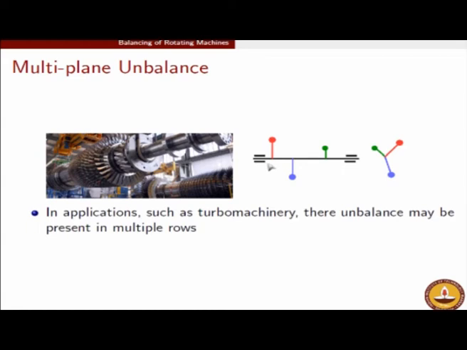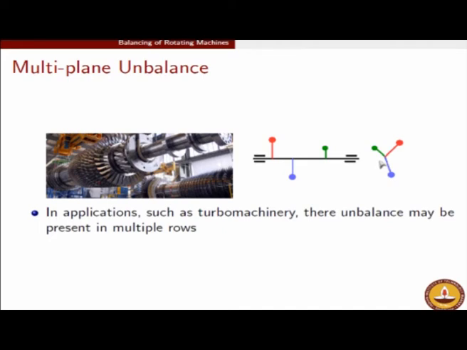Schematically, you have the shaft shown by this black line, mounted on the bearing, and here I have just shown 3 blades. Each of these rows of blades could bring in a certain eccentricity, the red one, the blue one, and the green one. And the orientation between these rows could be perfectly arbitrary.